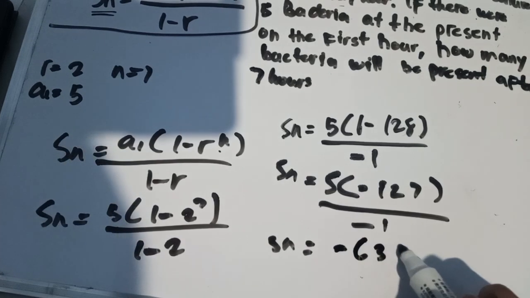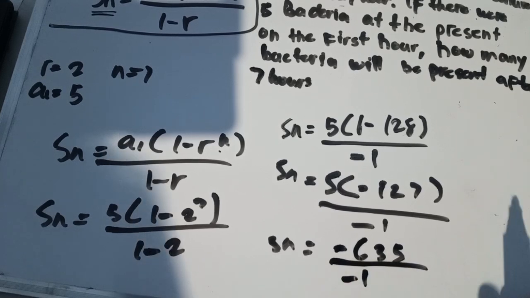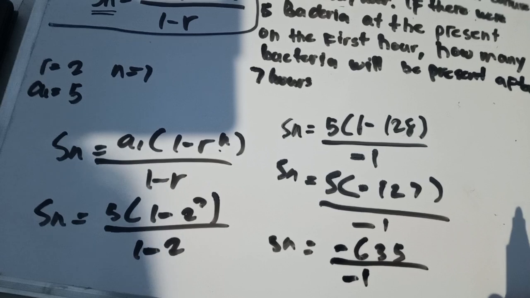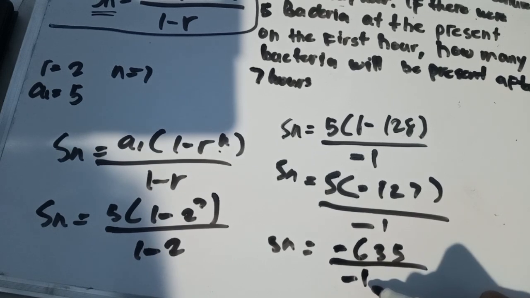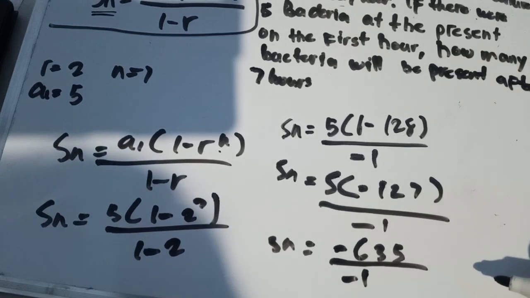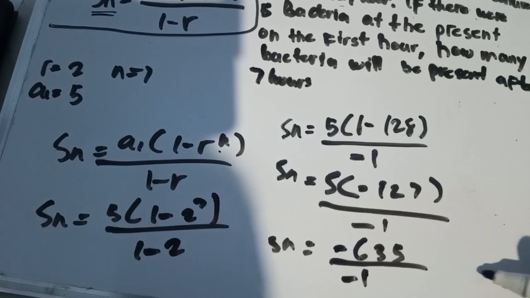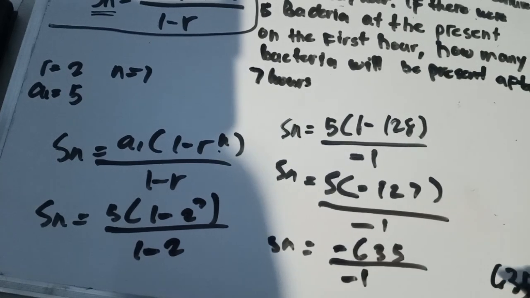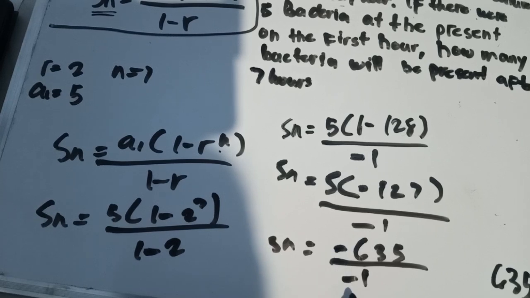Again, if we divide a value by 1, we yield the number itself. So this is 635, and we are dealing with negative divided by negative, so our answer is positive 635. So this is our value.